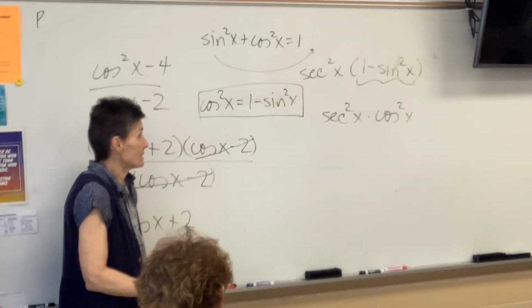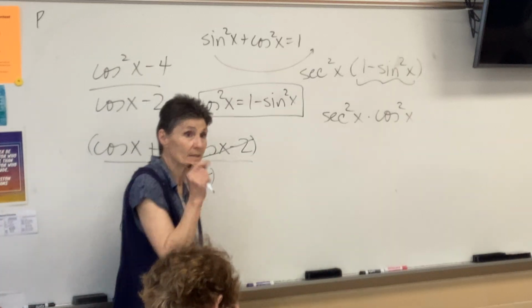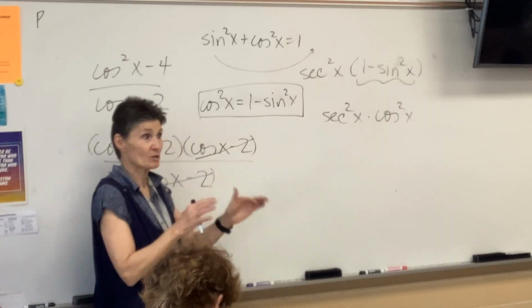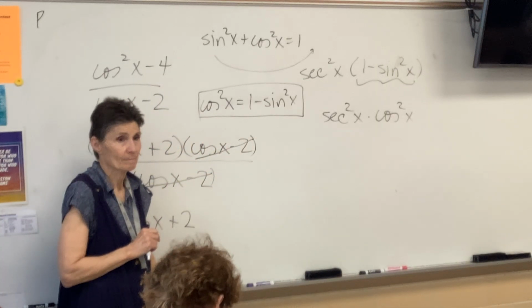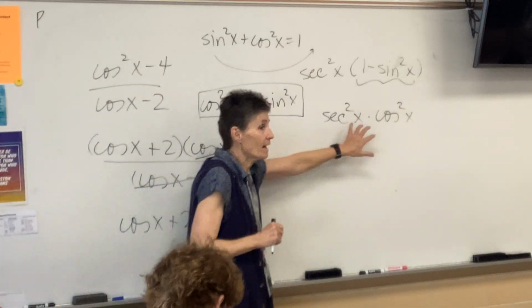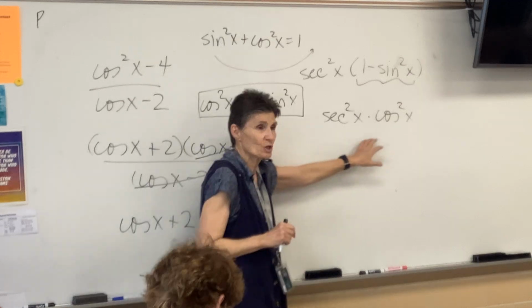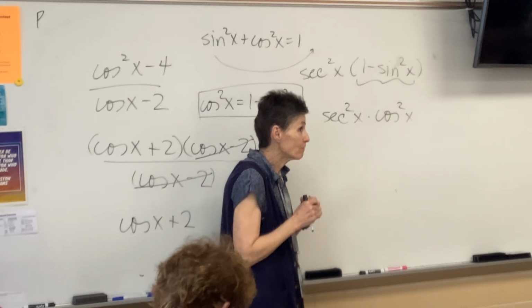Every time you see 1 minus sine squared, you can make that a cosine squared. What do you think about 1 minus cosine squared? Sine squared. Now that's a times problem. What did I suggest to you in a times problem?